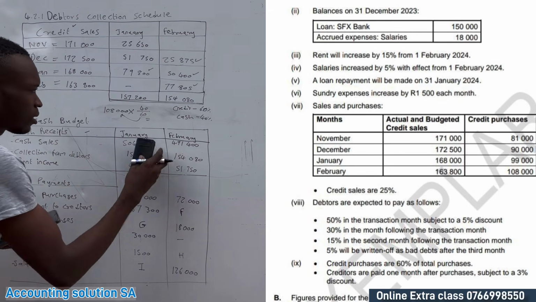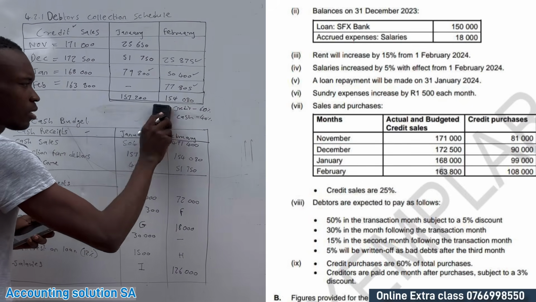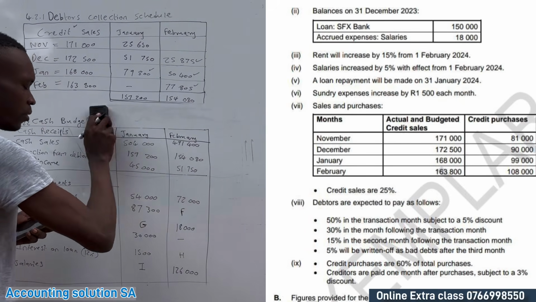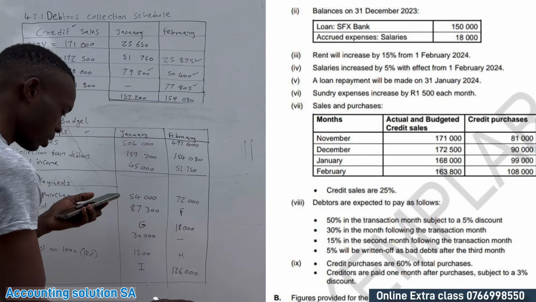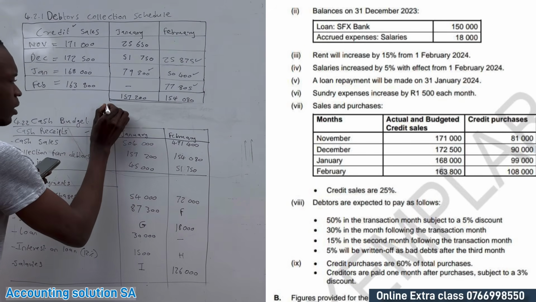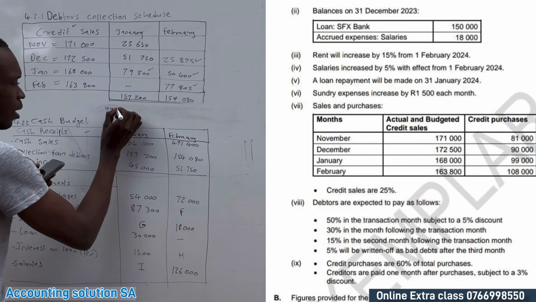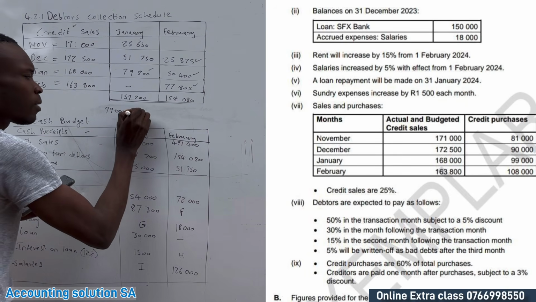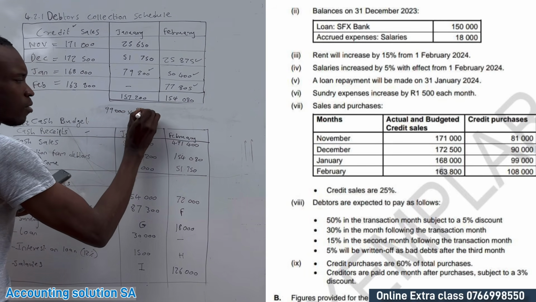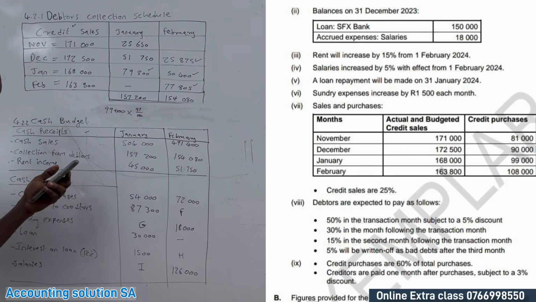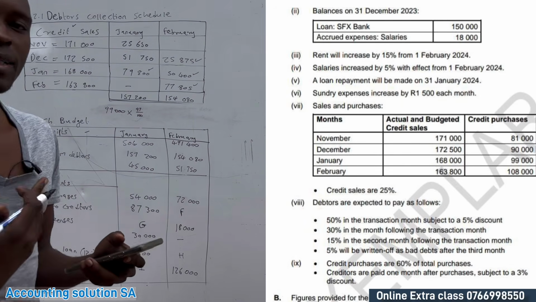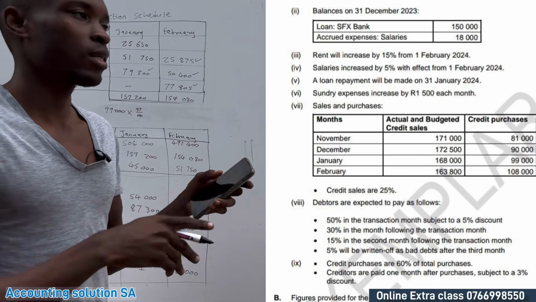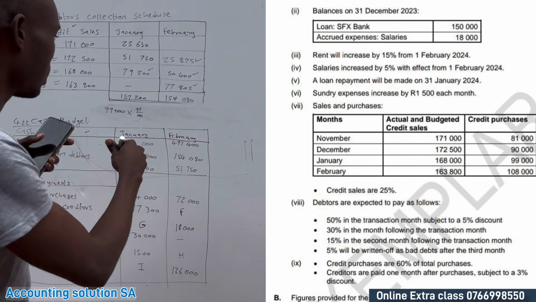But remember, they say that there is a 3% discount. Which means that we're gonna take that amount of 99,000 of January, because January we pay it in February, multiply by 97 over 100. Why 97? Because there's a 3% discount that we are given, which means that 100 minus 3 gives us 97.